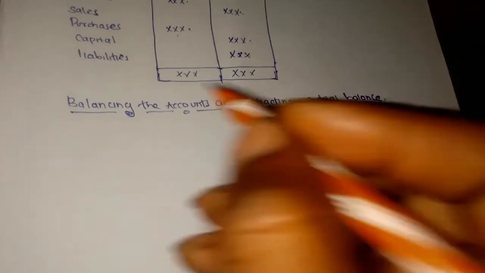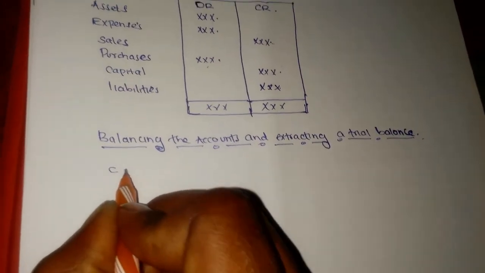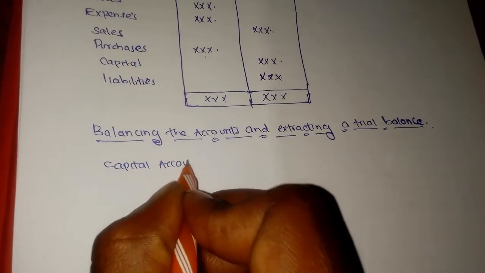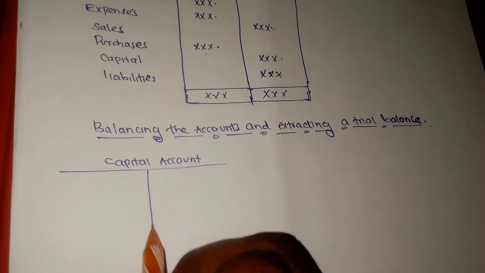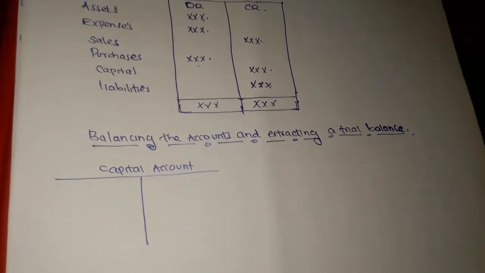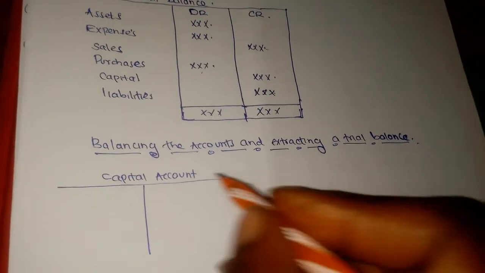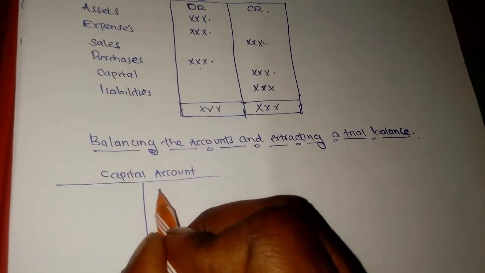So we're going to open the capital account. In the capital account, he started a business with a cheque of shillings 20,000.